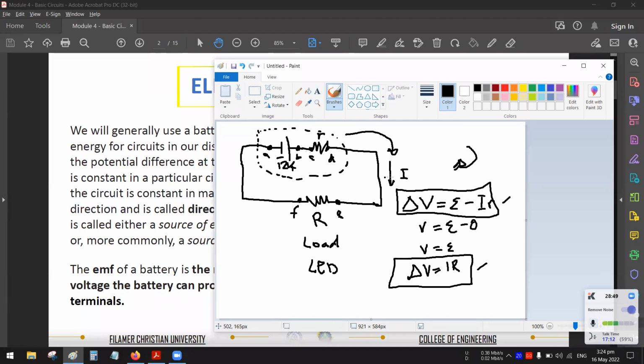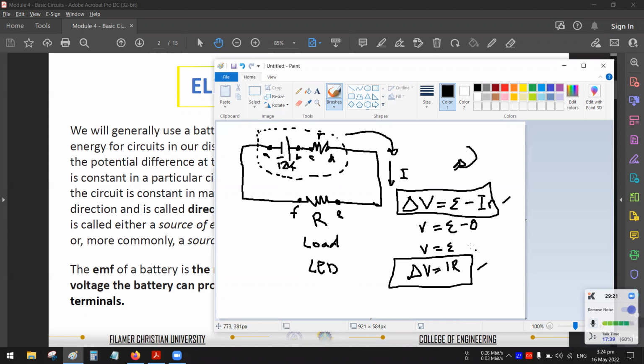So how about the current here? So for the current, we can just transpose the formula. Okay, so we can just transpose the formula. But wait, no? So meron pa pala tayong load resistance dito. So meaning kasama yung internal resistance tsaka external resistance.